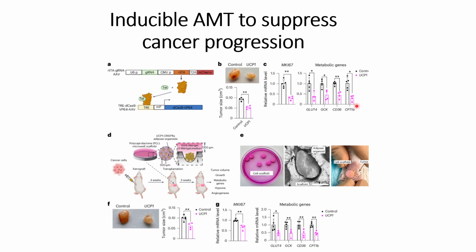So this indicates that both of their approaches, that is the inducible AMT and also their advanced microbial scaffold for organoid formation, have a positive impact and consistent results with what they have seen in the previous method. So this gives a better method for the researchers to control when to induce this AMT and when to suppress the tumor progression.